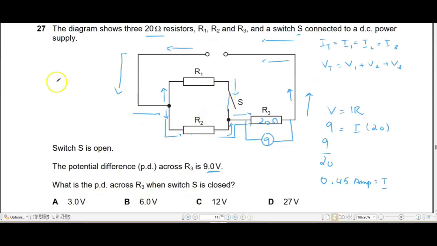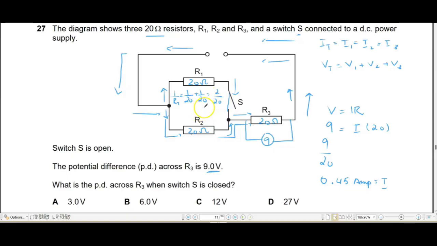So now we need to find the resistance of these two resistors. So this is going to be 1 by 20 plus 1 by 20, so 2 over 20.